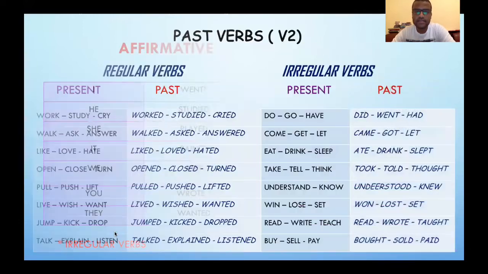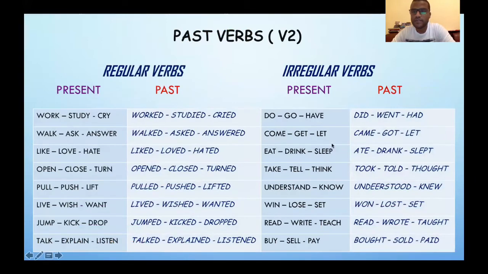So then we're going to move here. I have a list of different verbs, which means the two kinds of verbs, regular verbs and irregular verbs. As I told you, regular verbs take ed at the end of the verb. But irregular verbs change form completely from the infinitive to the simple past.